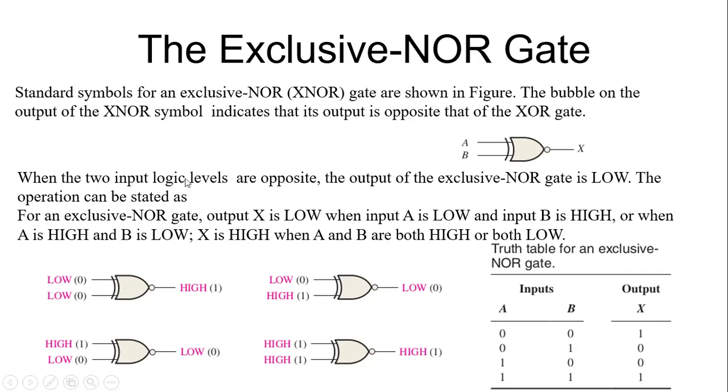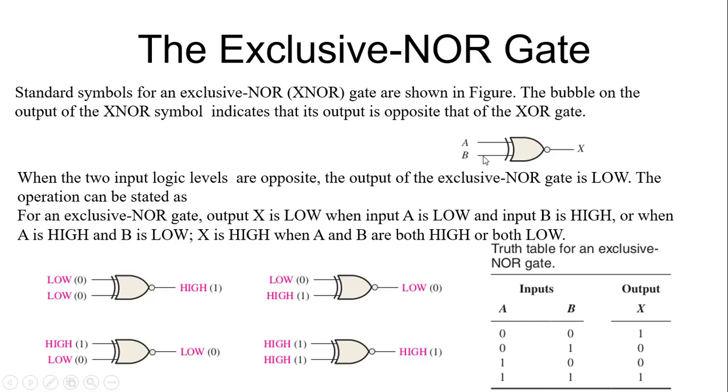Now how an exclusive NOR gate works. When the two input logic levels are opposite, the output of the exclusive NOR gate is low.